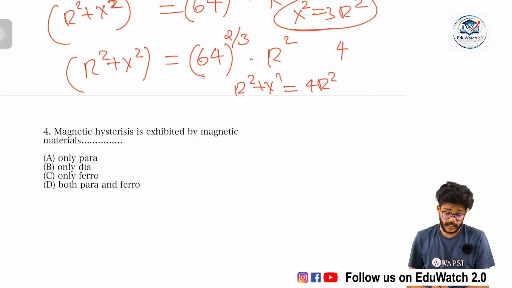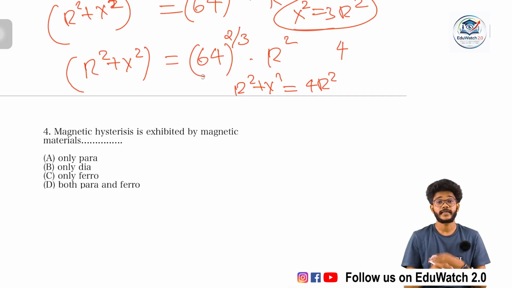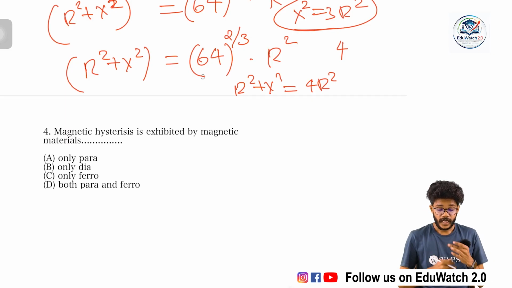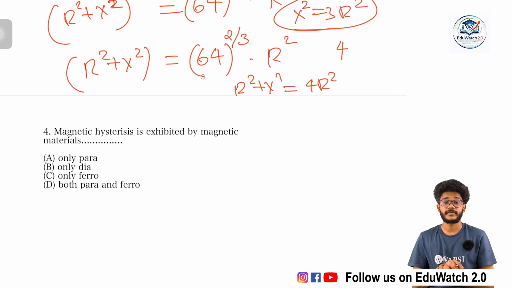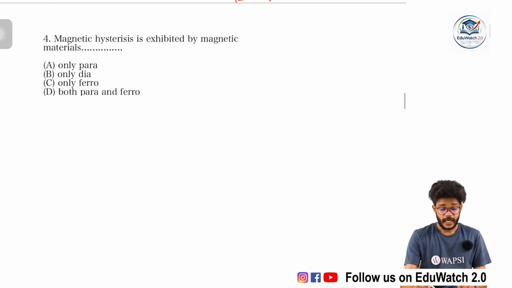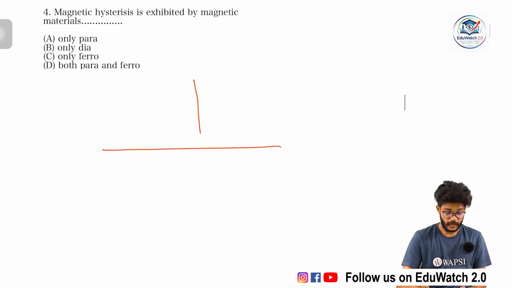The magnetic hysteresis is exhibited by magnetic material dash. We want to find which magnetic material is responsible for the hysteresis. Do you know the loop of hysteresis? I will draw a graph.